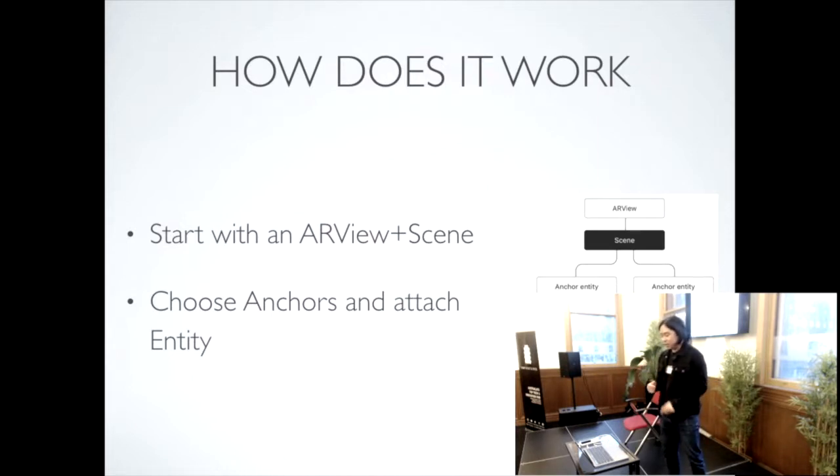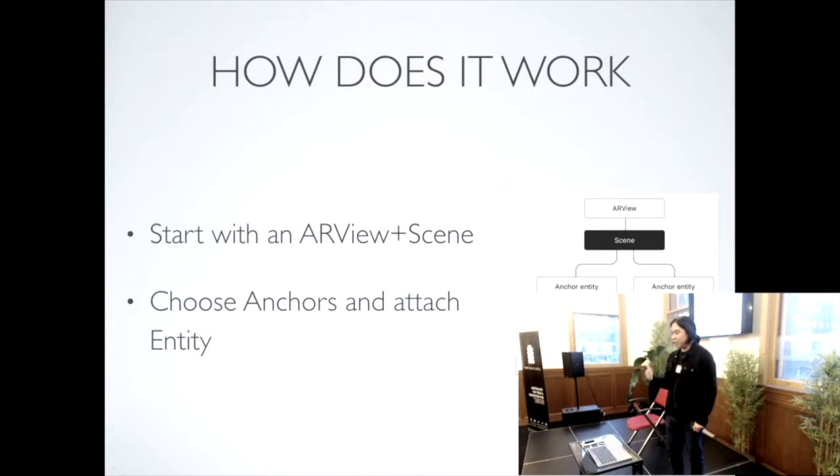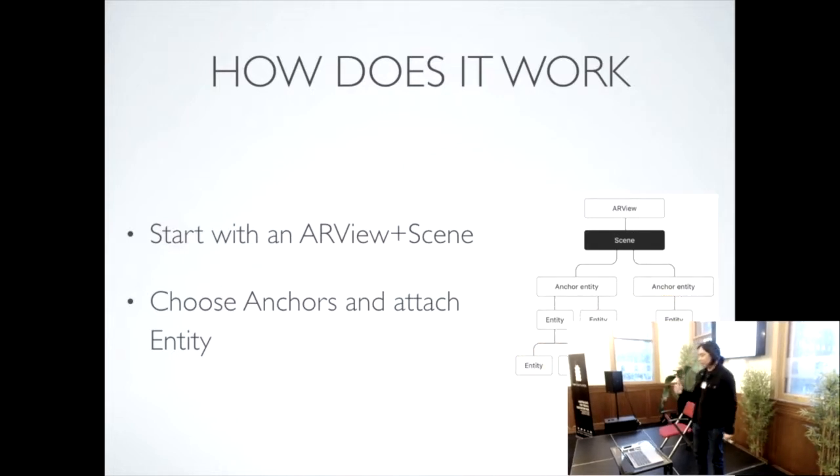With the scene, we attach anchors, and we can attach lots of entities. For each anchor, like the face anchor we saw, or anchors on horizontal planes or walls, you can attach as many entities as you want. You can also stack entities on top of each other, and entities are things like models.